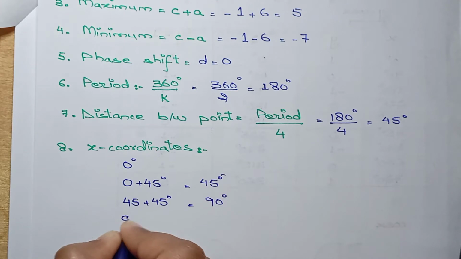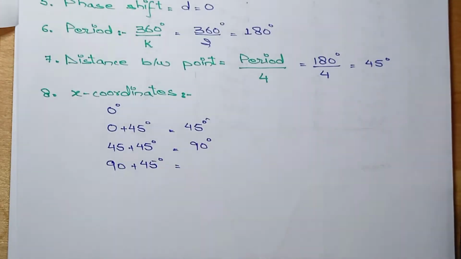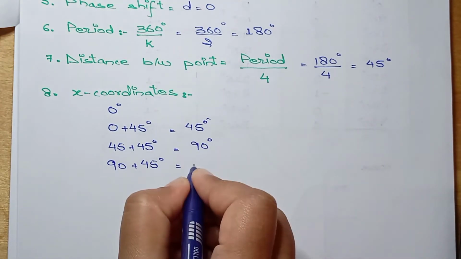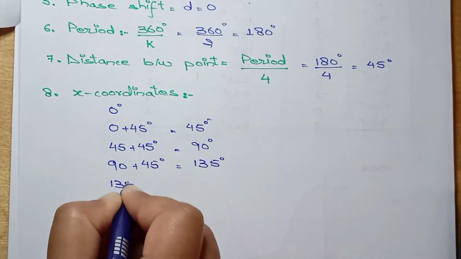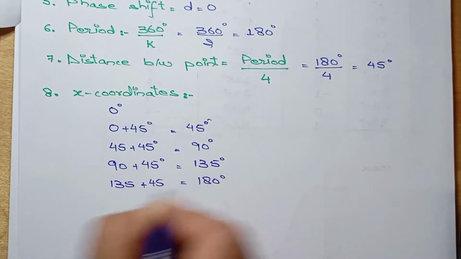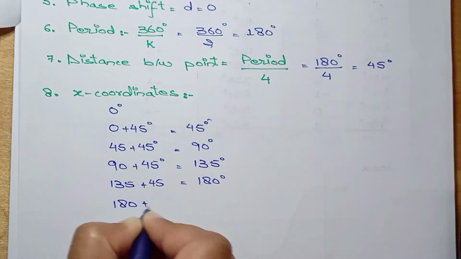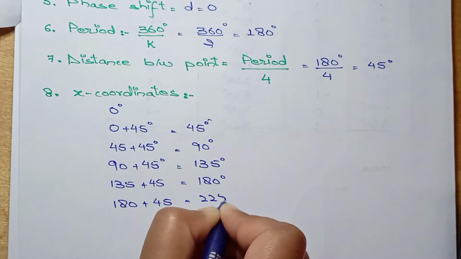Then to 90, adding 45, we get the next one. This will be 135, right? So to 135, adding 45 equals 180. To 180, if we add 45 again, we get 225.